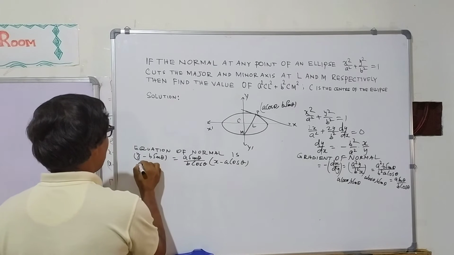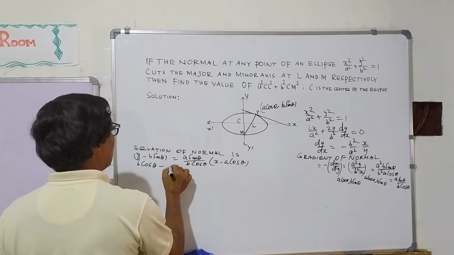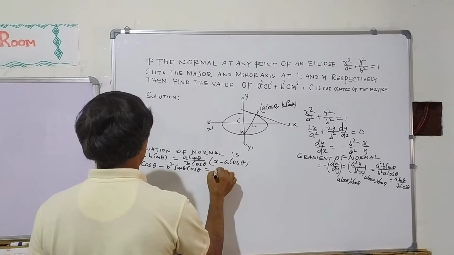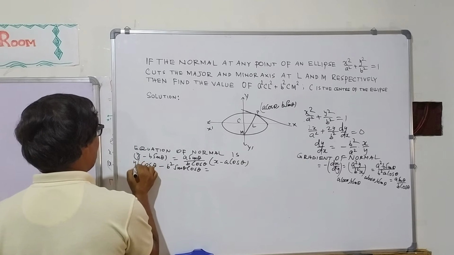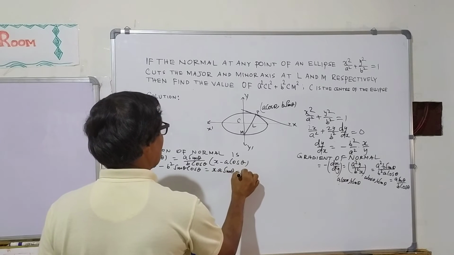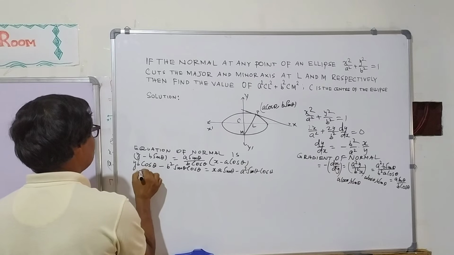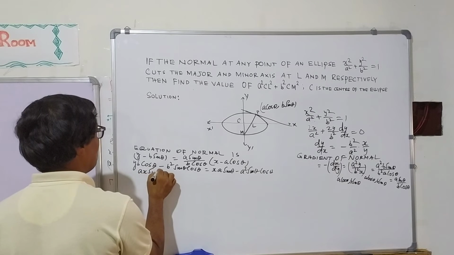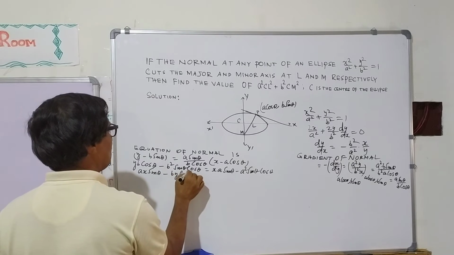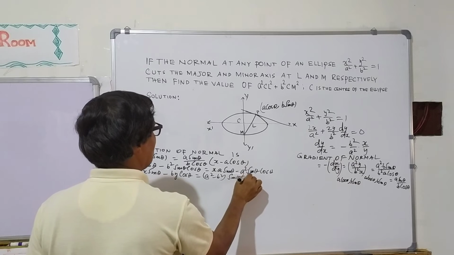So, b cos theta times y minus b square sin theta cos theta equals a sin theta times x minus a square sin theta cos theta, that is a x sin theta minus b y cos theta equals a square minus b square times sin theta cos theta.